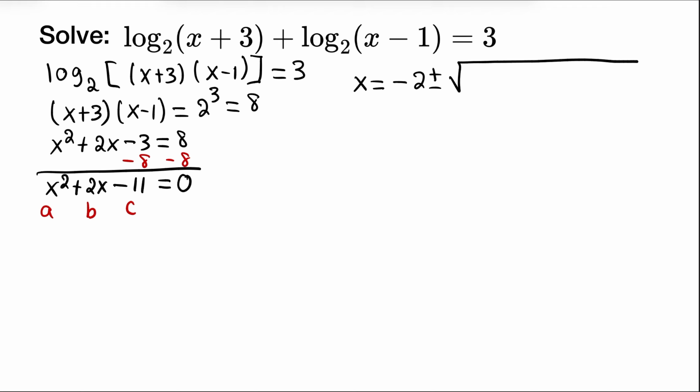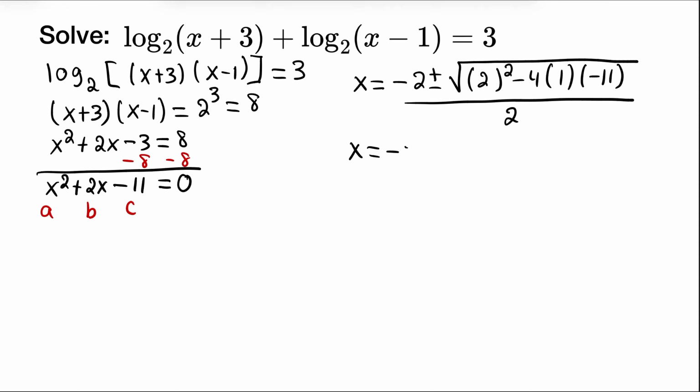And so we have 2 squared minus 4 times 1 times negative 11, and that is all over 2. And so we have x equals negative 2 plus or minus, and underneath the square root we have 4 plus 44, which equals 48. So we have the square root of 48 here, and that is over 2.